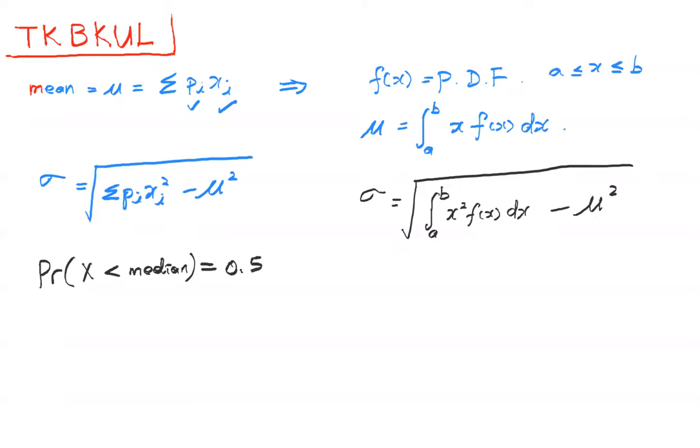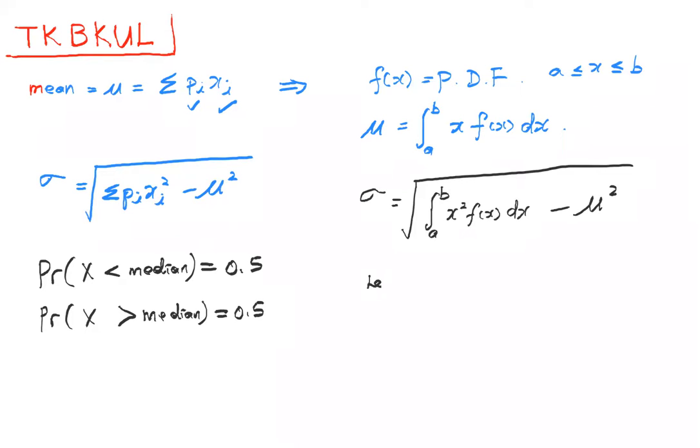Or you can say the probability of x more than the median must be equal to 0.5, correct? Yes. So when it comes to a continuous variable, we will do it like that.